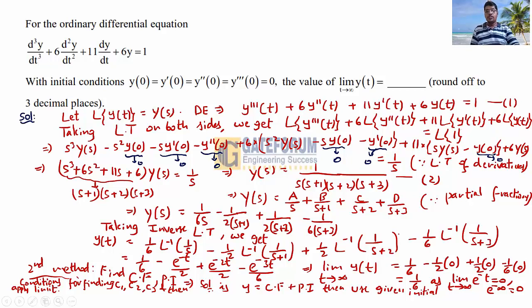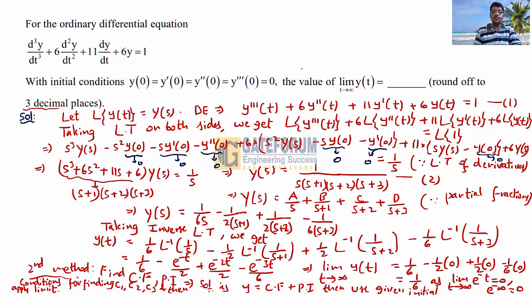That is a hint. So finally, 1 by 6, but it is a numeric question, so they are asking for up to 3 decimal places. So this is 0.167. Please check.